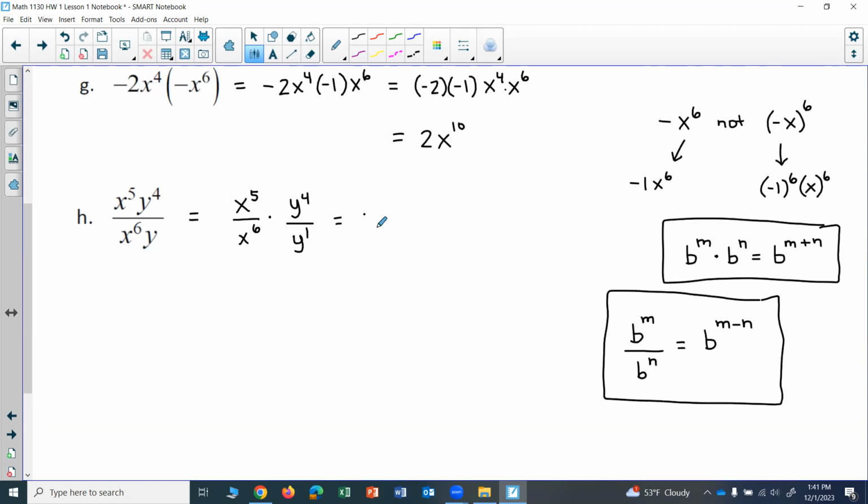All right, so this will be x to the 5 minus 6 times y to the 4 minus 1. So you subtract the exponent that's on the denominator base.